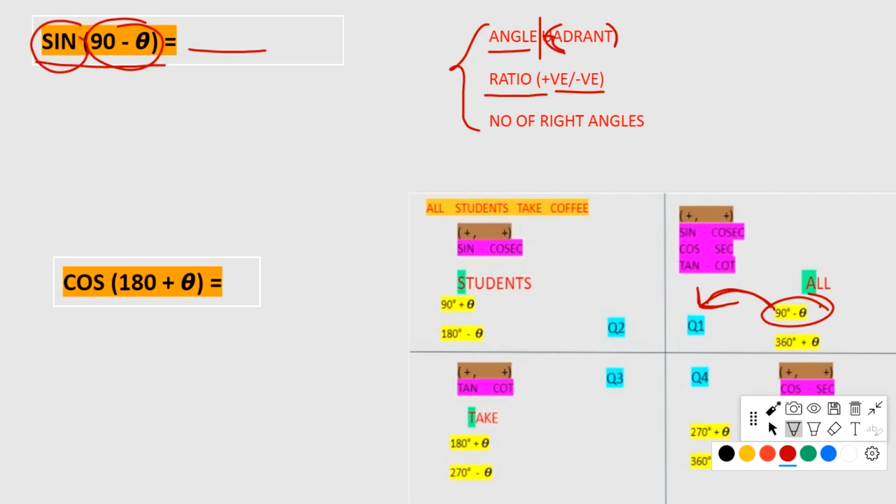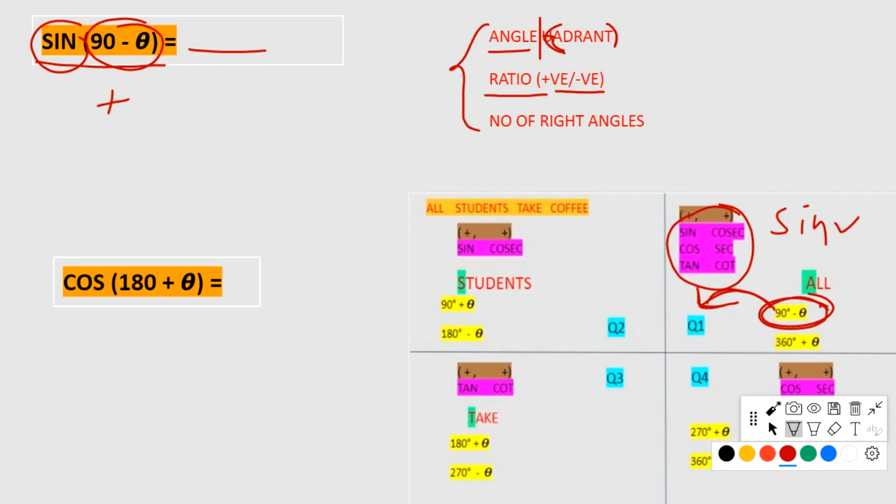In the first quadrant, is the ratio sign positive or negative? In the first quadrant, all trigonometric ratios are positive. So the sign is also positive. So our answer comes with a positive value.